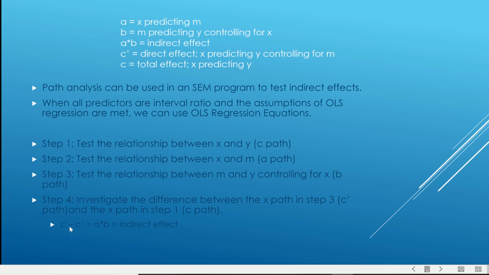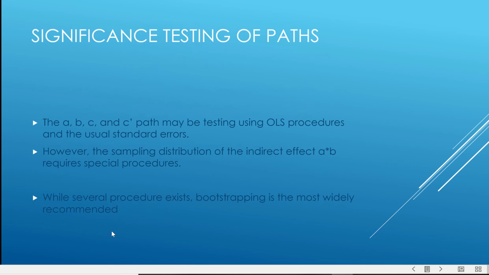But we should note that the difference between the total effect C and the direct effect C prime is basically the indirect effect and equal to the product of the A path and the B path. So ultimately, that's what we're trying to test, but more modern approaches have been developed to test the significance of the indirect effect.